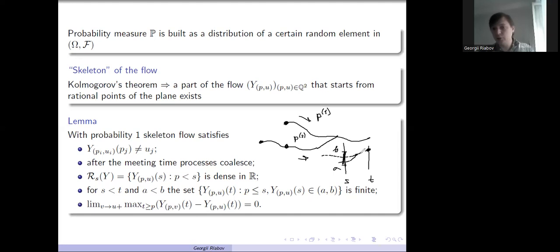So a lot of meetings happen between times s and t. We get only a finite set of values at time t. And one more condition is the right continuity, yes, even the uniform right continuity.